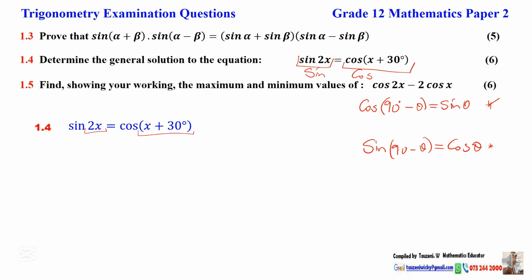It is equal to cos 90 minus theta. In place of theta, replace theta with the 2x, then you get the sine of 2x. This side, the cos of 90 minus theta, will become the cos of 90 minus 2x. That is our approach. So that means our equation will look like this. The sine of 2x is cos 90 minus 2x.